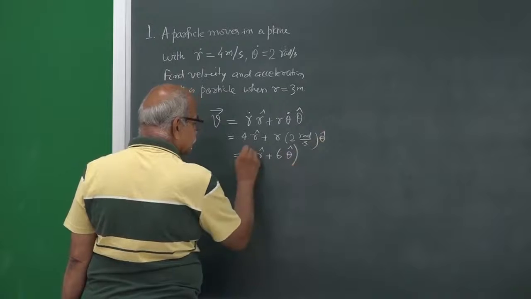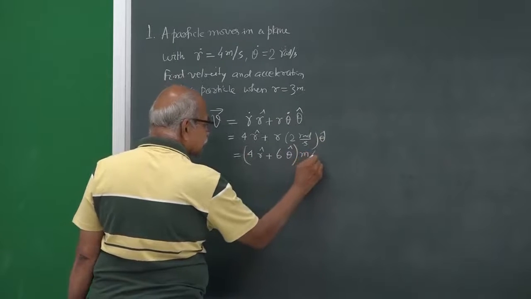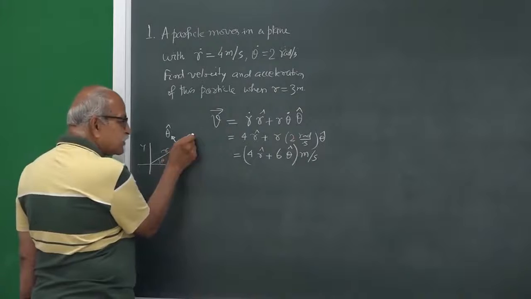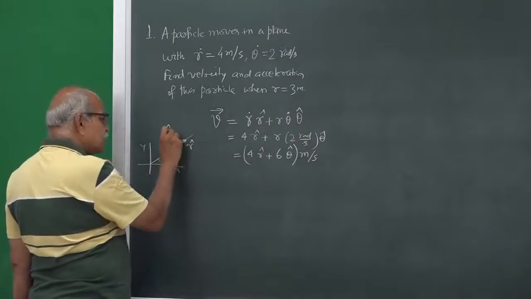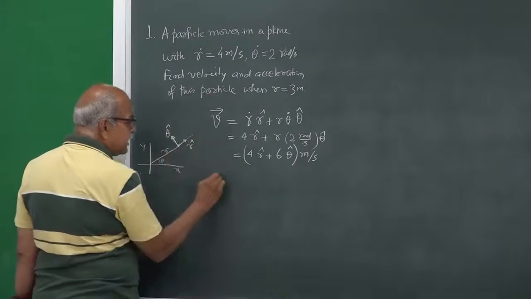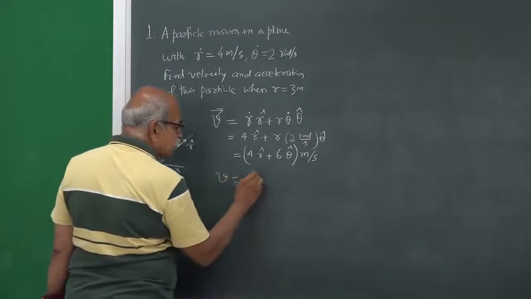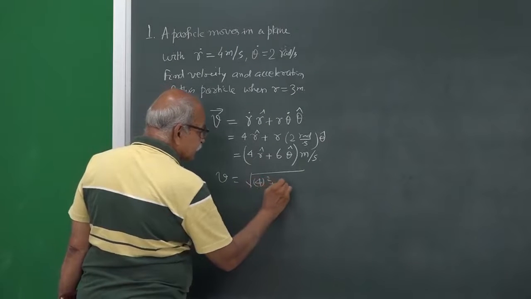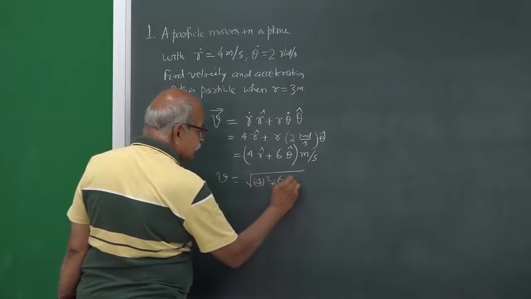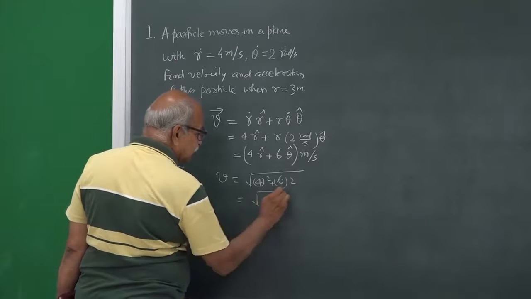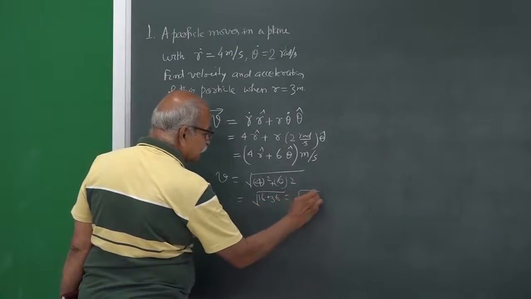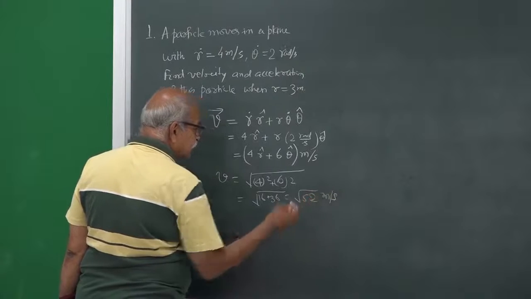That is the velocity in meter per second. In this direction the component is 4 units, and in this direction the component is 6 units. If you want the speed, it is just the square root of 4 square plus 6 square. So, 16 plus 36, that is square root of 52 meter per second, that is the speed.